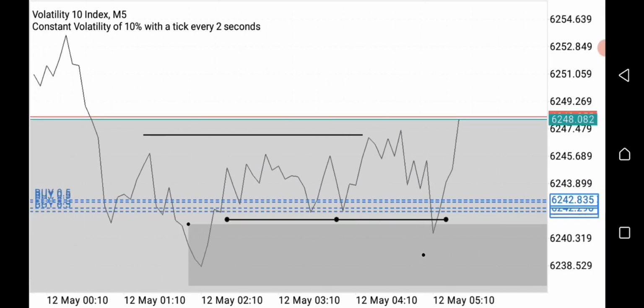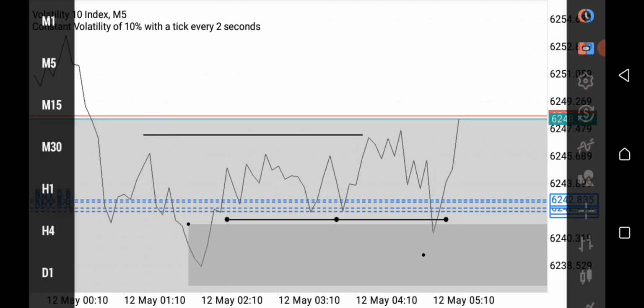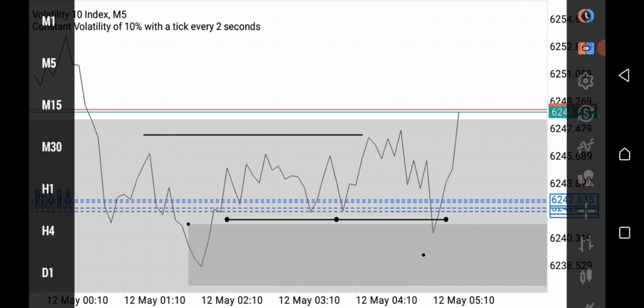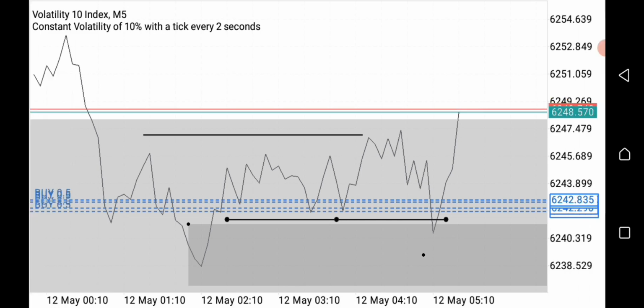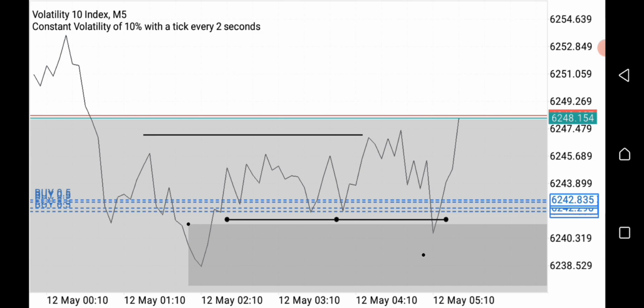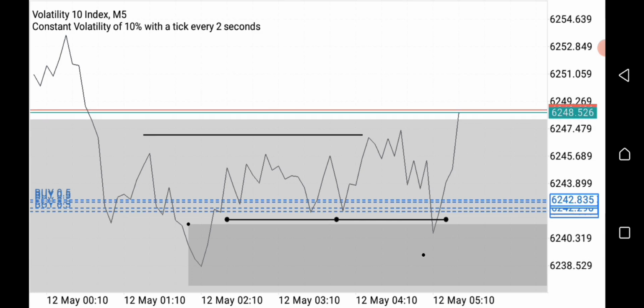So this is just simple, guys. If you are trading synthetic, I believe trading currency pair is easier. I don't know what some people feel about it, but currency pair is easier to trade. But they all have the same method. For people who are trading SMC, you use order blocks and all that.